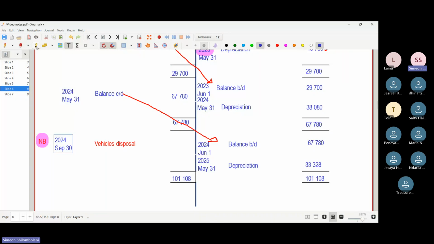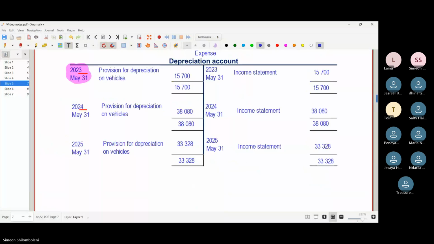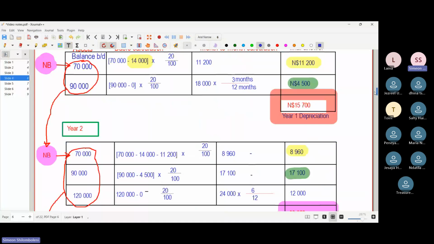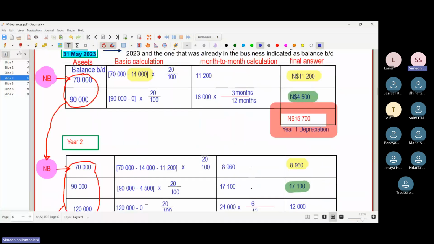Now this amount that we are going to put here is also very, very crucial. What we are coming to put here is the depreciation for the vehicle of 90,000. We find out what the depreciation for the first year was.